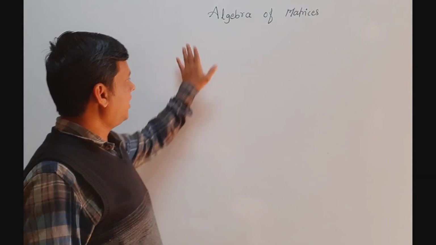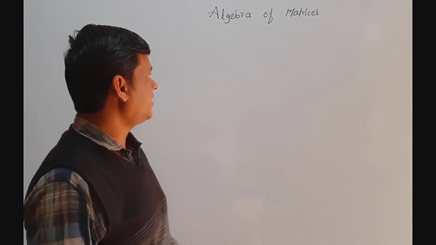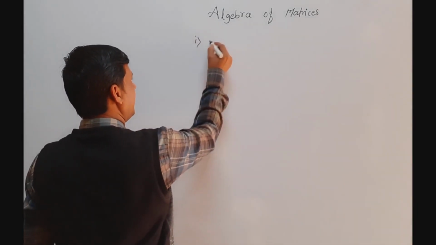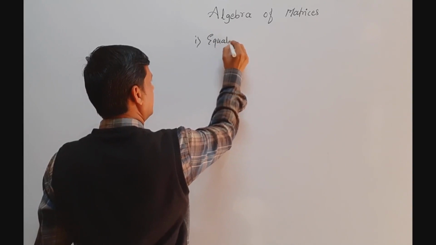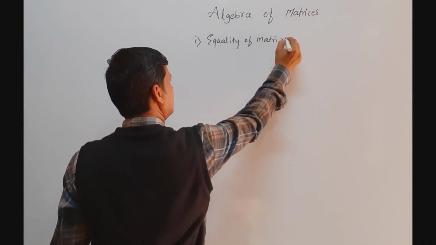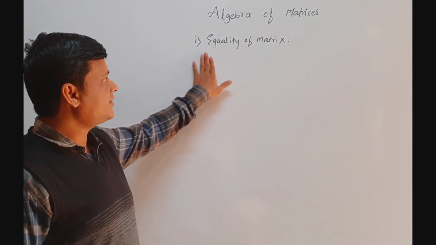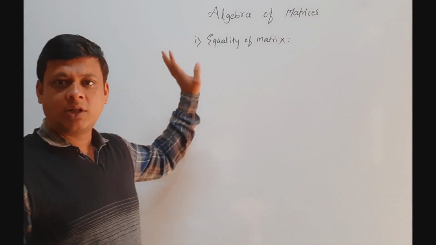Now see the next topic from this chapter, algebra of matrices. So first we discuss equality of matrices. Depending on the order, we can say whether the given matrices are equal or not.